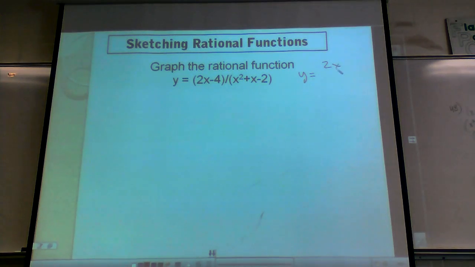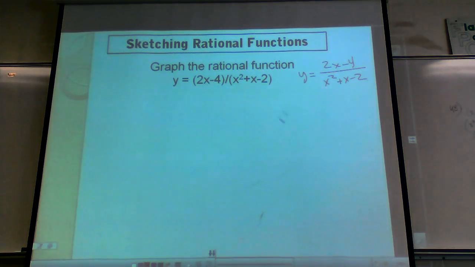Next one is this. So again, I'm going to go through the process of finding everything. The first thing, like I said, on all these is you want to factor them out if you can.